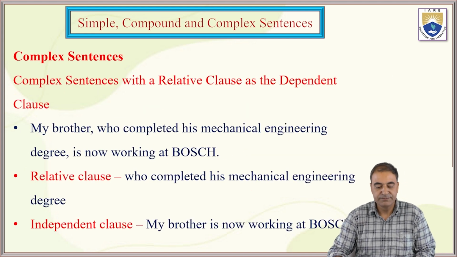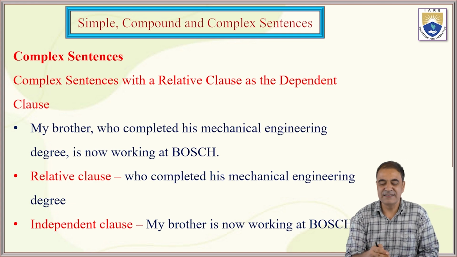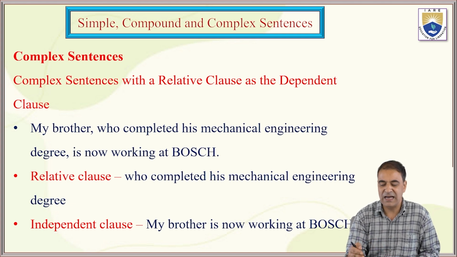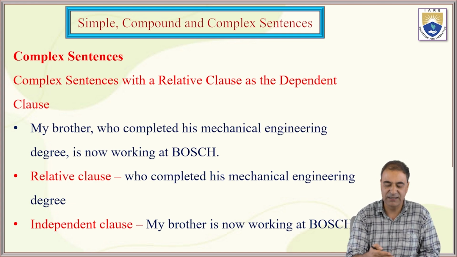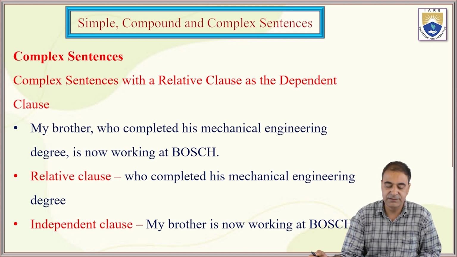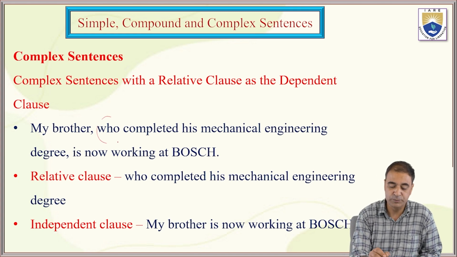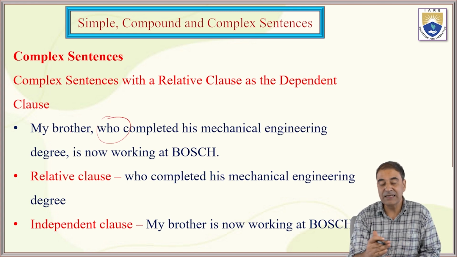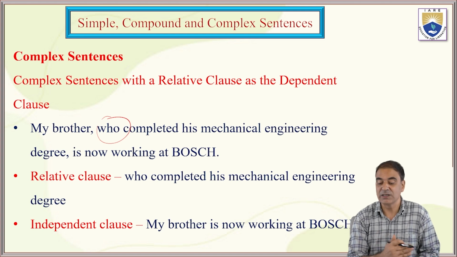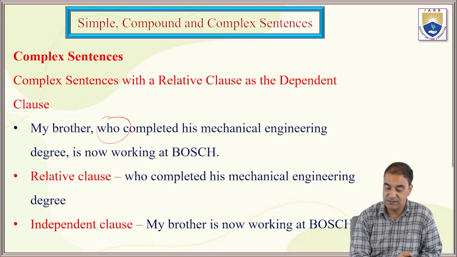Now here, we have a complex sentence with the relative clause as the dependent clause. For example, my brother, who completed his mechanical engineering degree, is now working at the bank. So now here we have this who. This is the complex sentence with the relative clause as the dependent clause.